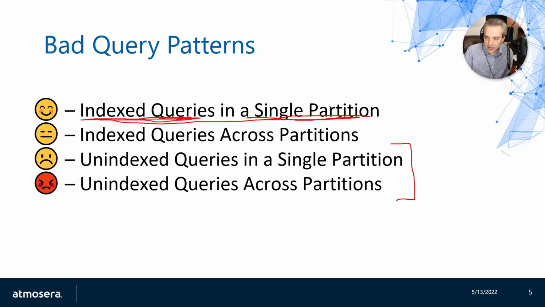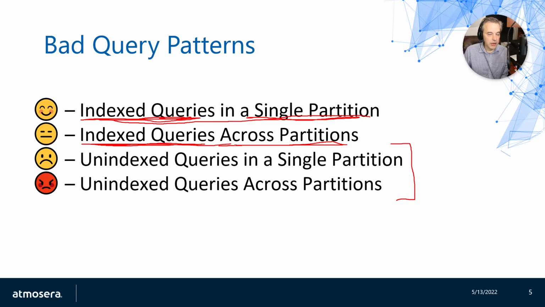Now, this is optimal right here. Index queries across partitions is fine if you need to do that. Try to avoid this if you can, but it's typically unavoidable because some queries need to query across partitions, so you're not going to be passing the partition key with the query.